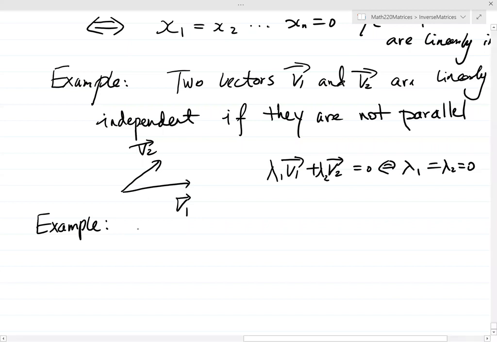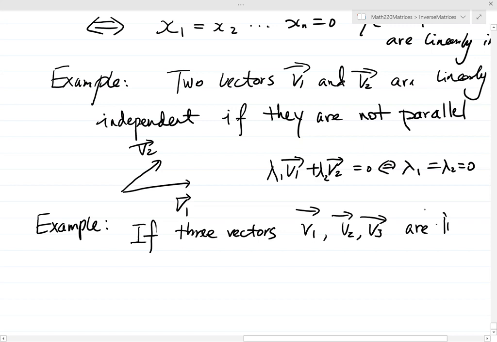For example, if three vectors V1, V2, V3 are in the same plane, they are not linearly independent. They are dependent.